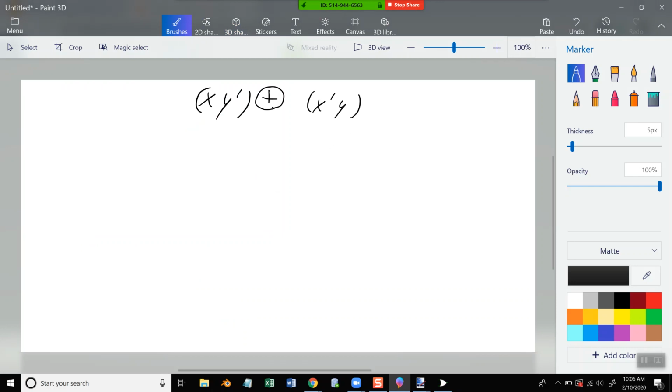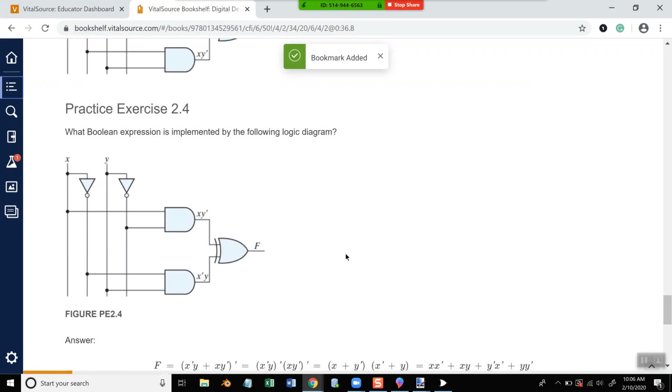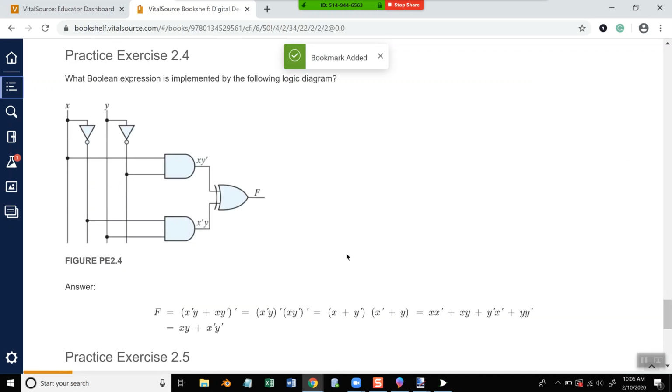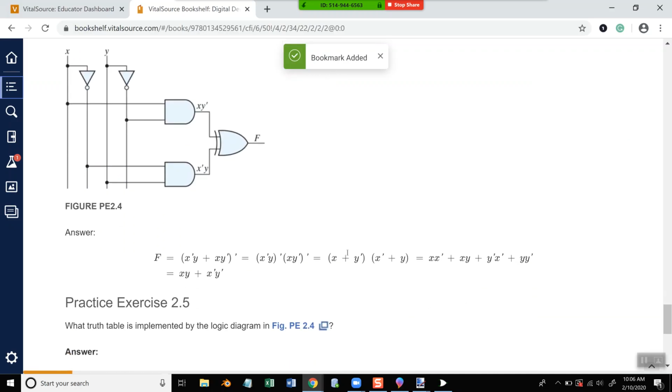Now let's see what they put. They might not even use that symbol. Okay, so they put an inverter on there, but don't really say why.